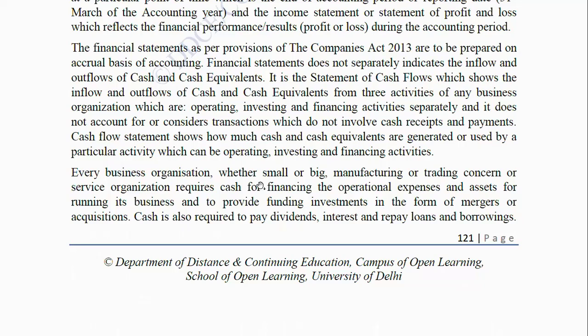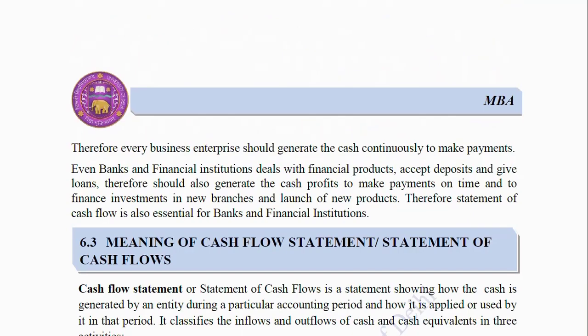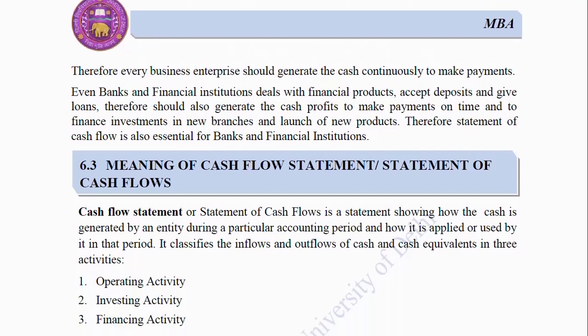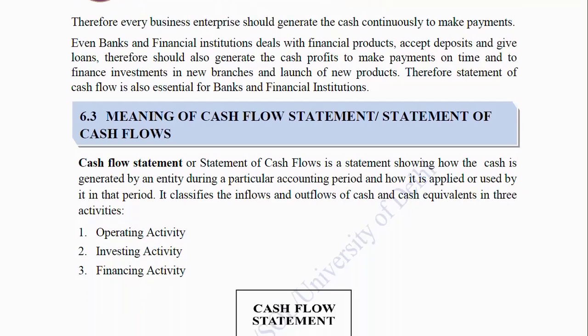Every business organization, whether small or big, manufacturing or trading or service organization, requires cash for financing the operational expenses and assets for running its business, and to provide funding for investments in the form of mergers or acquisitions. Cash is also required to pay dividend, interest and repay loans and borrowings. Therefore, every business enterprise should generate cash continuously to make payments.